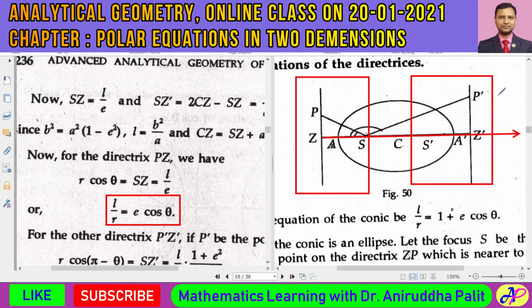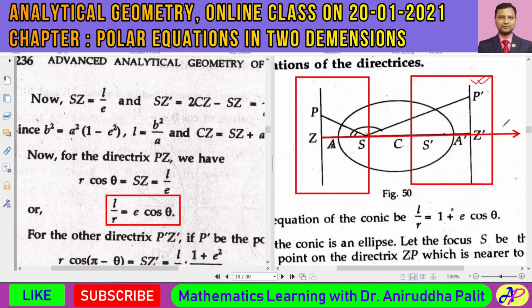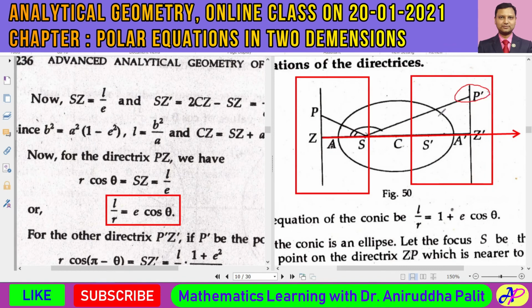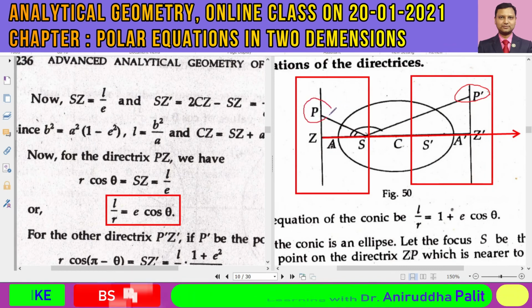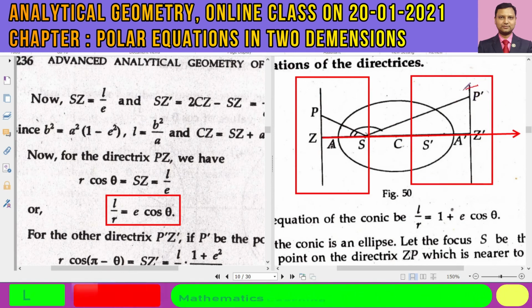And now if you consider this second directrix, what would be the equation of this second directrix? In order to compute it, we similarly need to consider a point P prime over here, just similar to the point P in the previous directrix.